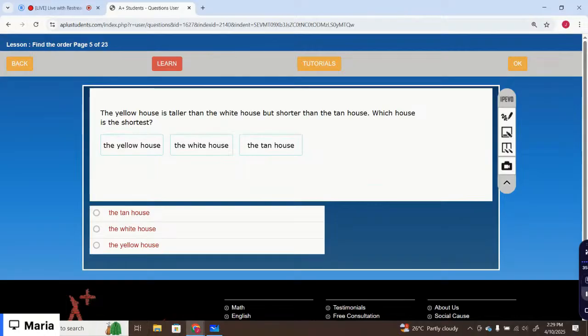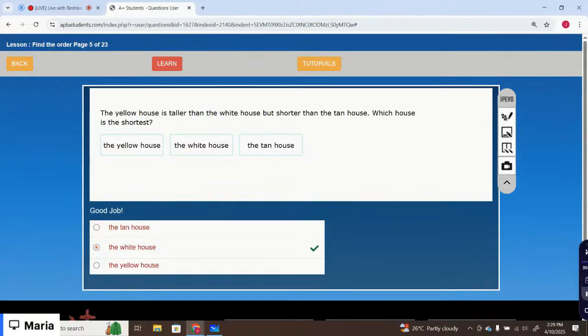The white house. Okay, the correct option is the white house. Very good.